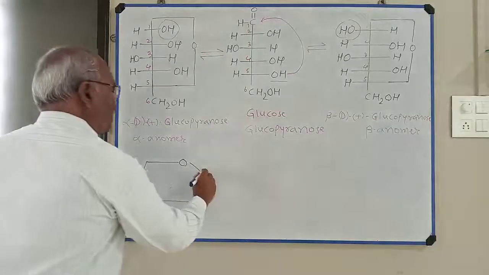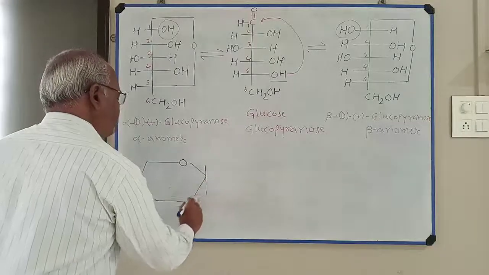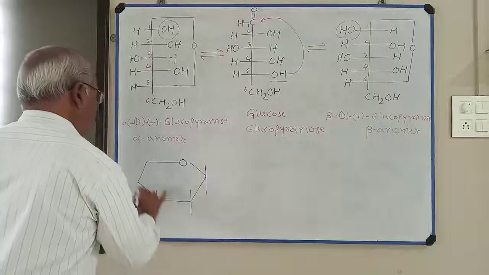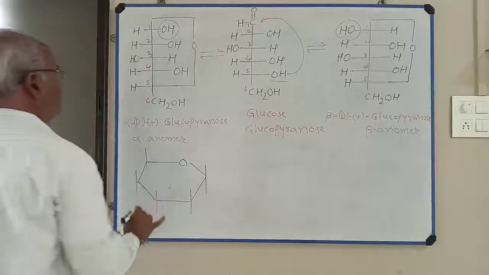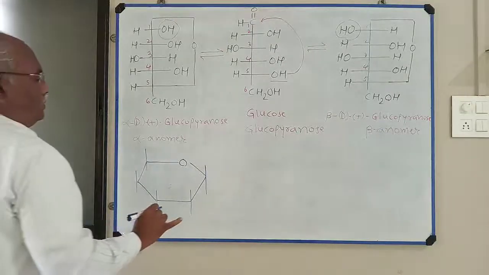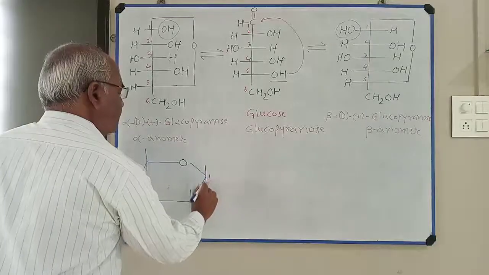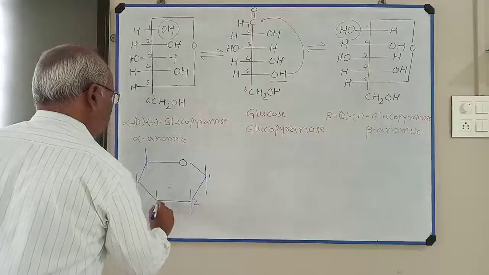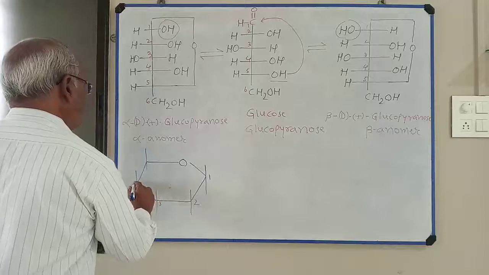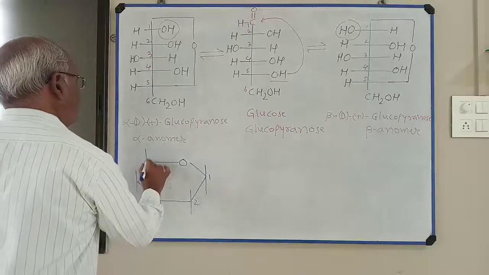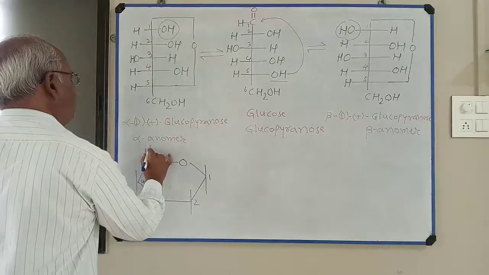These bonds are represented like this. This is number 1 carbon, 2, 3, 4, 5 and 6.